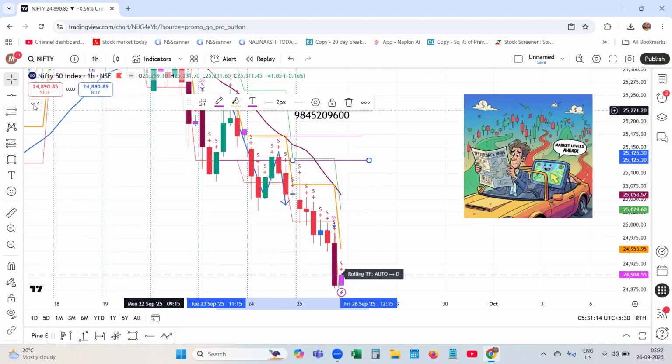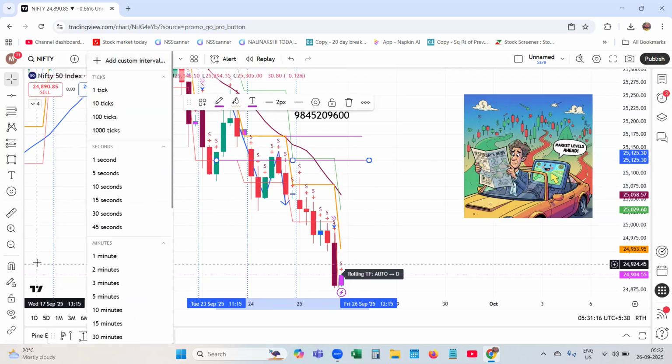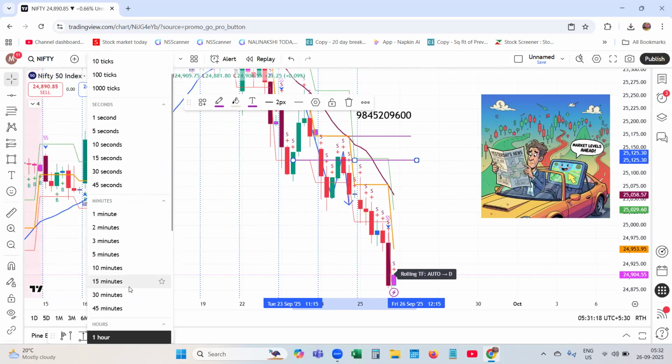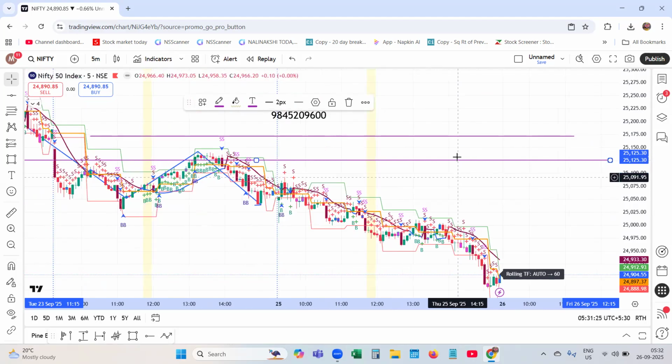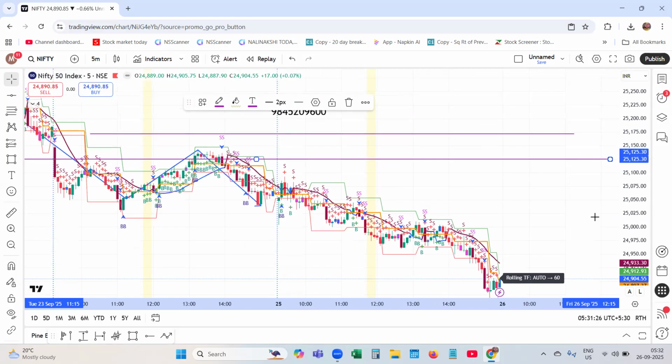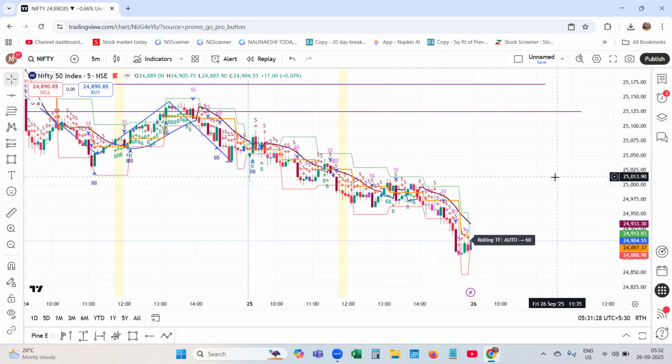Once you are set, you are ready for today's trade. Let me go to the 5 minutes. Your boundaries are defined over here, 25,000 and 25,000. These are the previous day support levels.